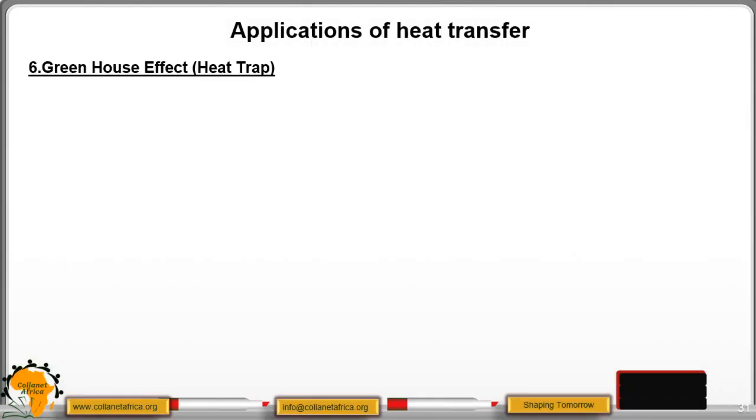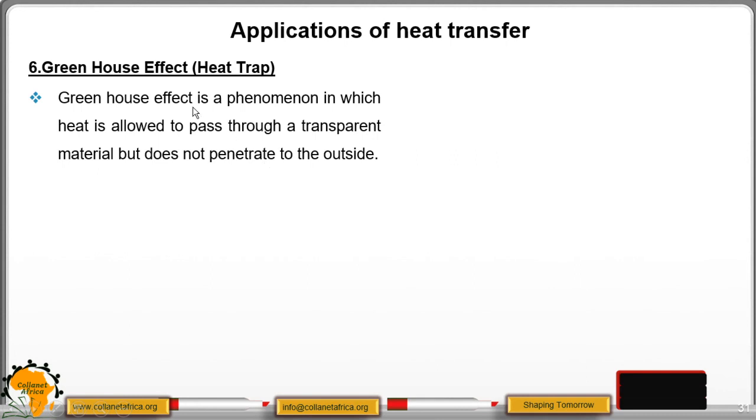Then we have number 6, the greenhouse effect. So what is a greenhouse? Nowadays you can see that greenhouses are made of plastics, but the greenhouse effect is a phenomenon in which heat is allowed to pass through the transparent material but does not escape to the outside.